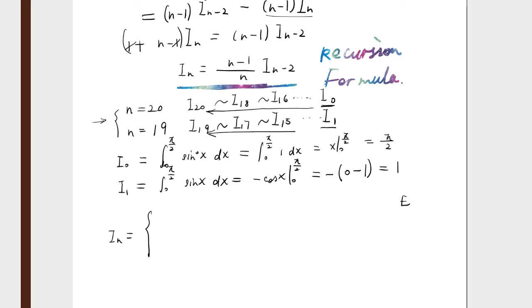For the even number, In equals n minus 1 over n times I subscript n minus 2.